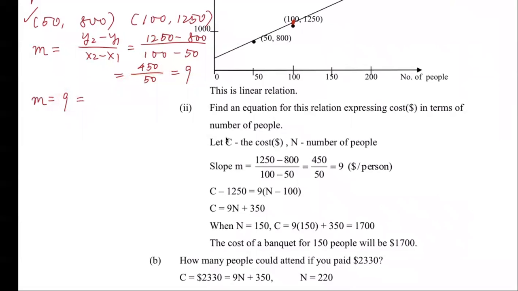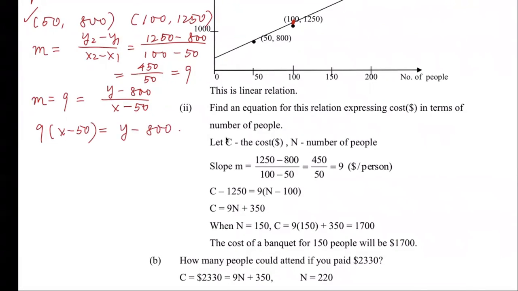This is equal to (y minus 800) over (x minus 50). And now we simply multiply both sides of the equation by x minus 50 to get rid of the denominator, right? So we have 9(x minus 50) is equal to y minus 800.